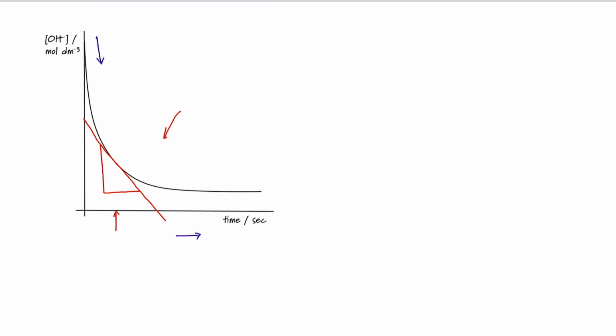So the gradient of this line is going to equal the change in the y-axis. So that's that difference there. So change in the y-axis divided by the change in the x-axis.